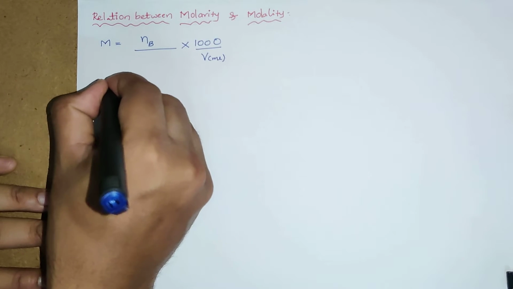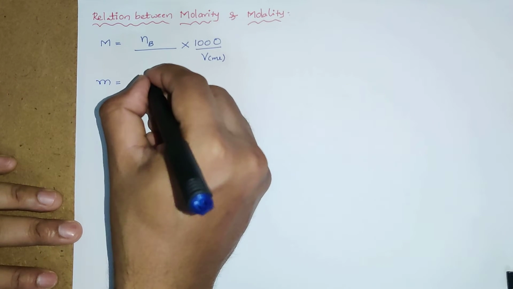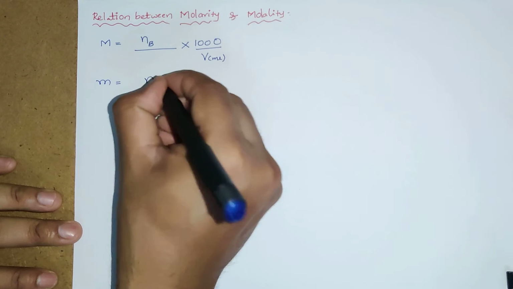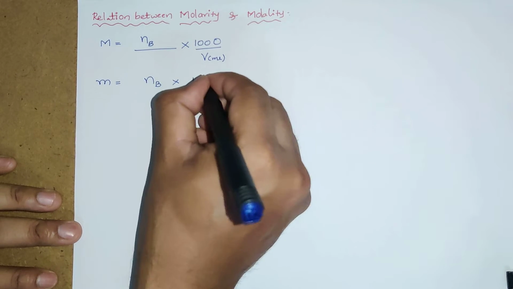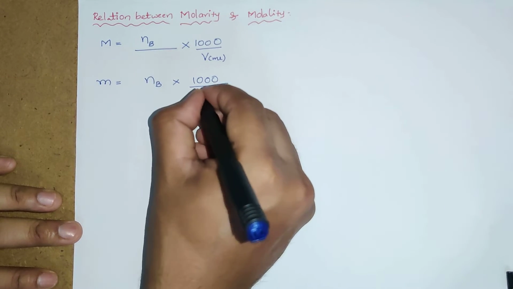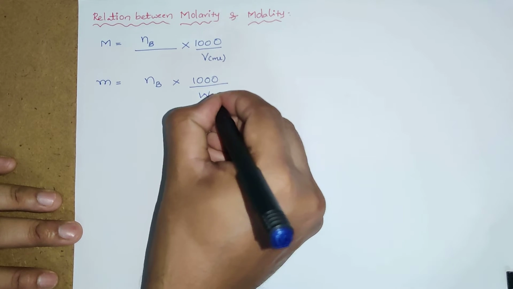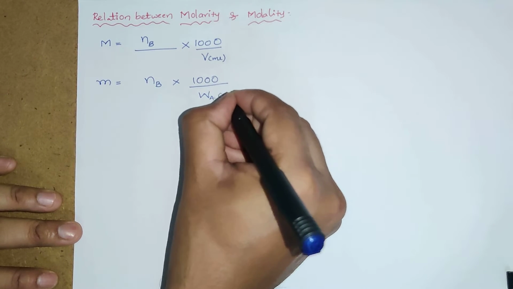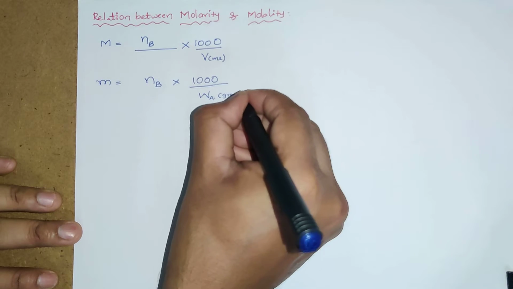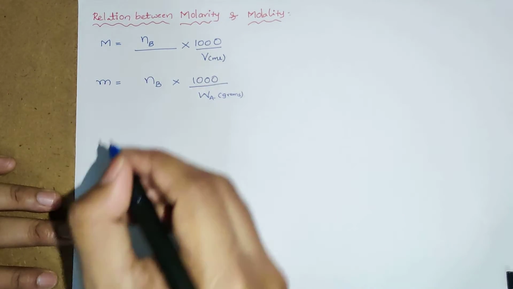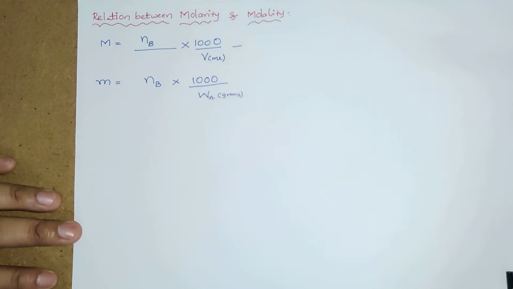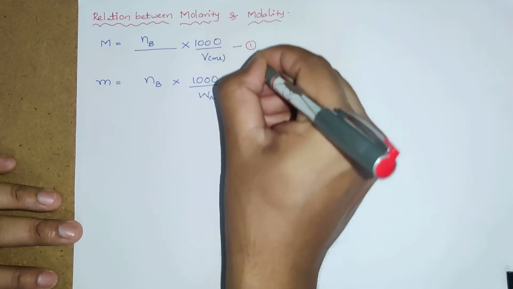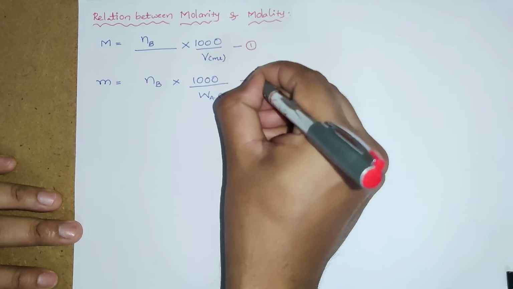Molality is the number of moles of solute dissolved in 1 kg of solvent, that is, in grams, NB into 1000 by WA. So this is equation number 1 and this is equation number 2.